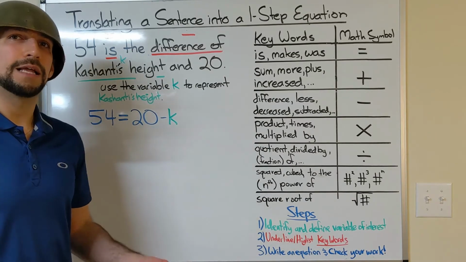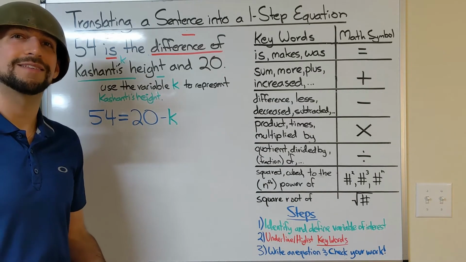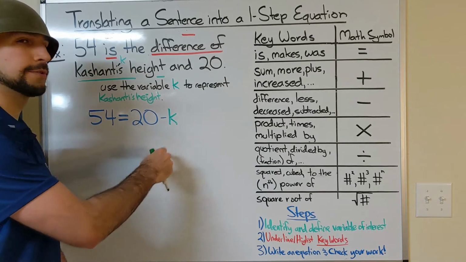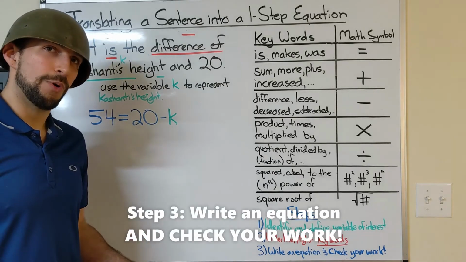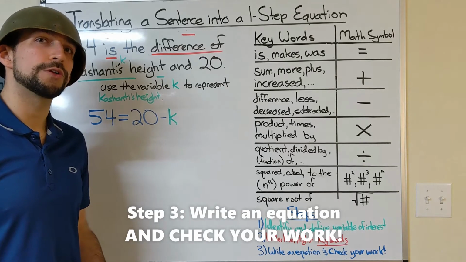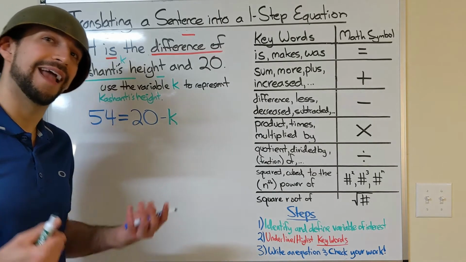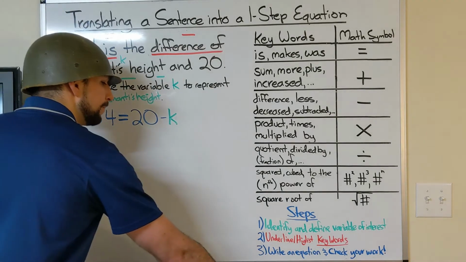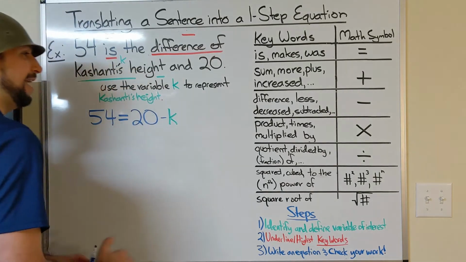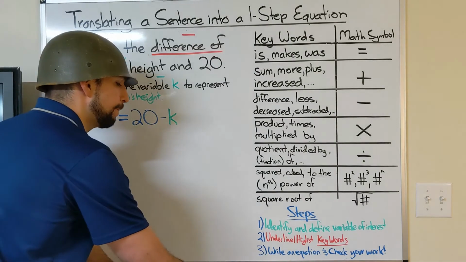Now, as humans, we seem inclined to want to write all of our constants, our numbers, before we write our variables. But let's finish the last part of our last step and check our work to show why this method of representing this word problem is incorrect, and then we'll fix it. So I'm going to isolate my variable, k.